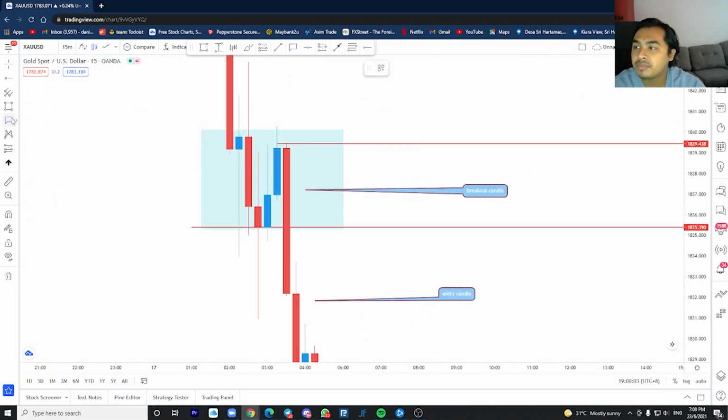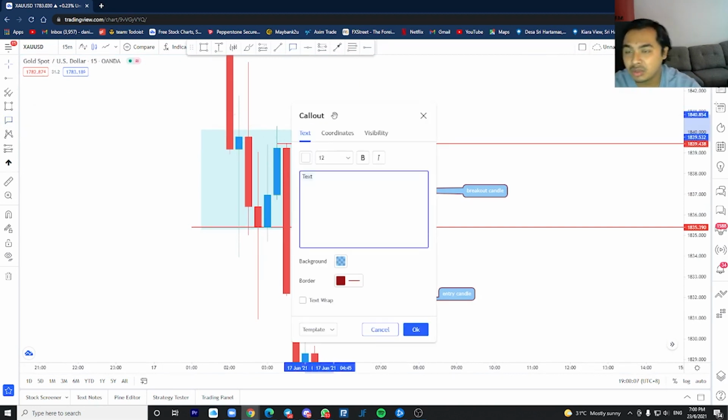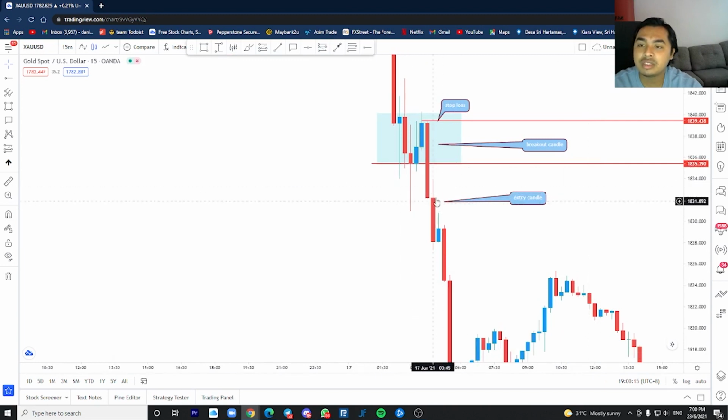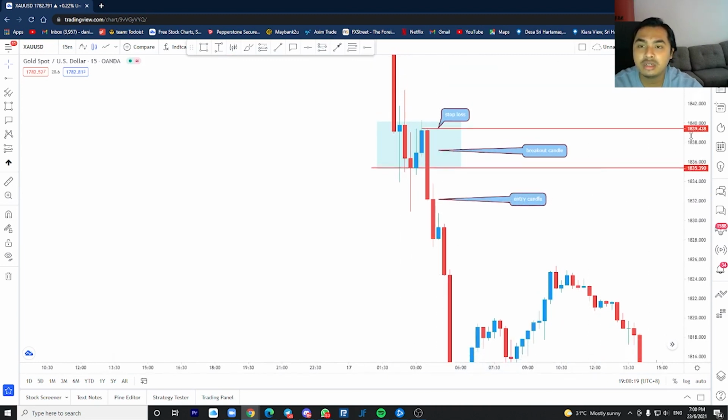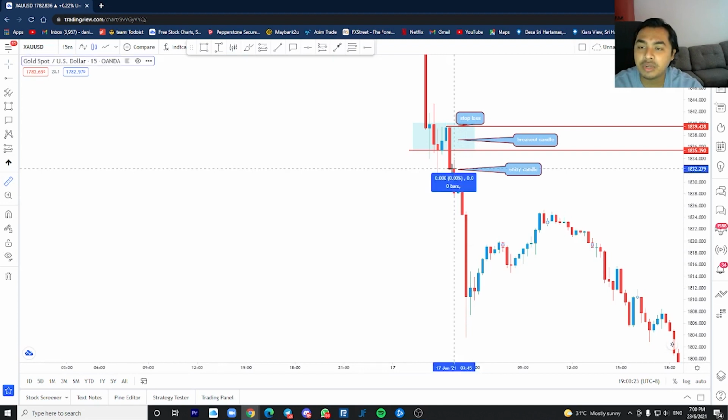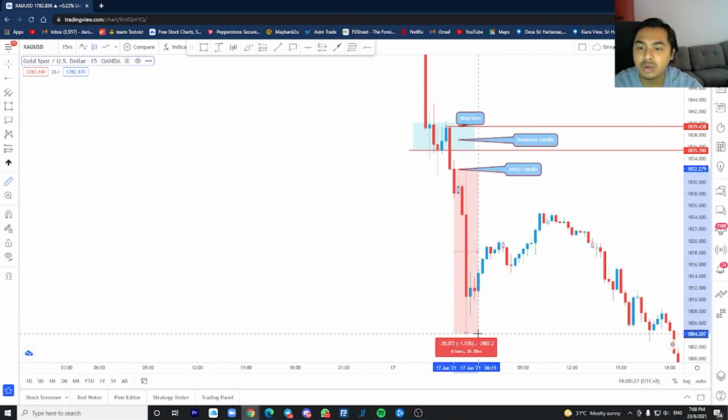So this resistance of the breakout candle is what we call our stop loss. And as you can see, when we placed our sell entry on this very candle, the whole market just goes down. So from this particular setup itself, we would already have at least 280 pips from a very simple setup.